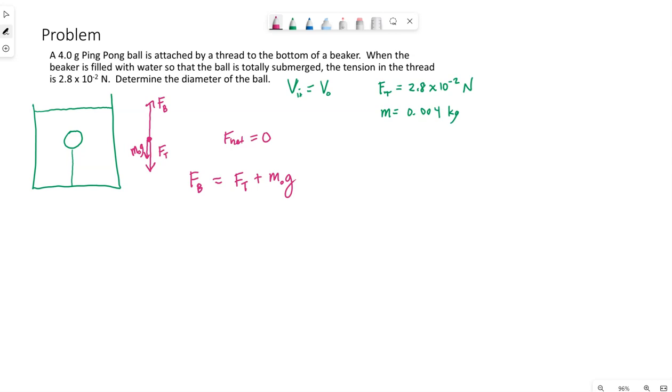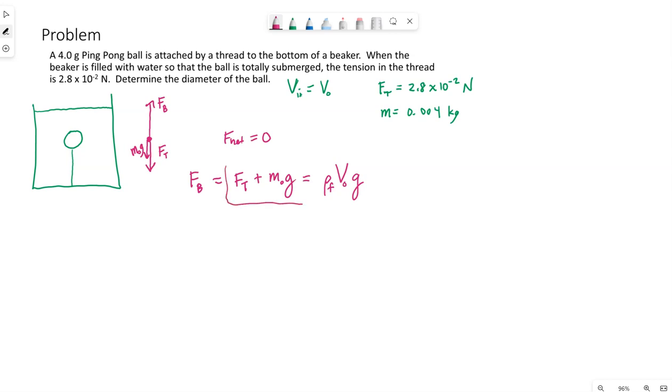But let's go ahead as well and substitute in the buoyancy force. The basic equation is that buoyancy force is equal to the density of the fluid, the volume in, so the volume displaced, which actually is just going to be the volume of the ball this time because the ball is completely submerged.